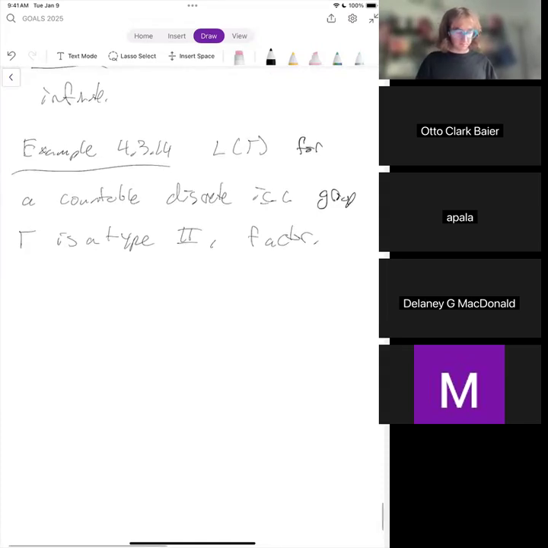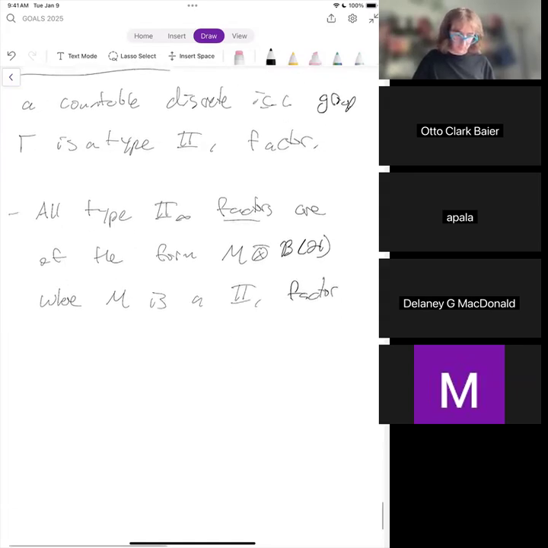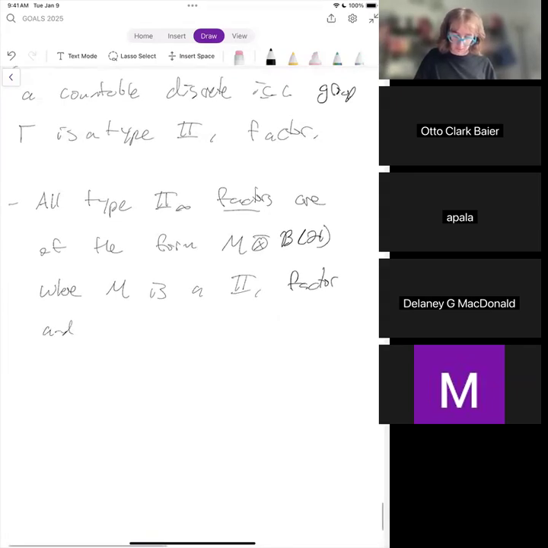And then it turns out that all type 2 infinity factors are of the form M tensor B of H, where M is a 2, 1 factor, and H is infinite dimensional.